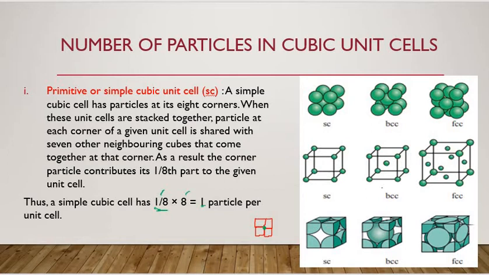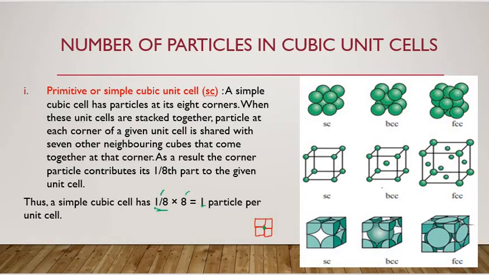Now, the number of particles in a cubic unit cell. Let's talk about simple cubic first. A simple cubic cell has particles at its 8 corners only. When these unit cells are stacked together, the particle at each corner of a given unit cell is shared with another 7 neighboring unit cells, or another 7 cubes in easy language.